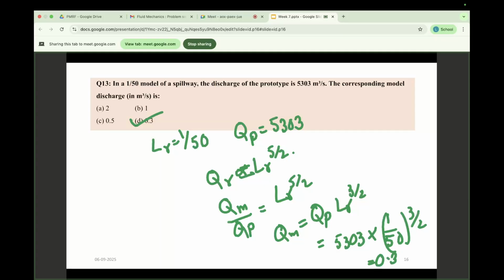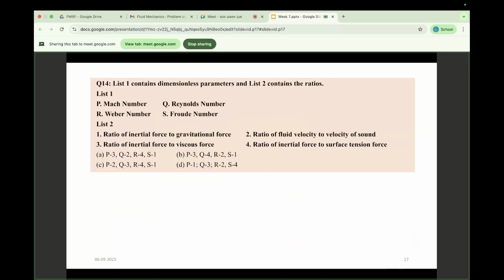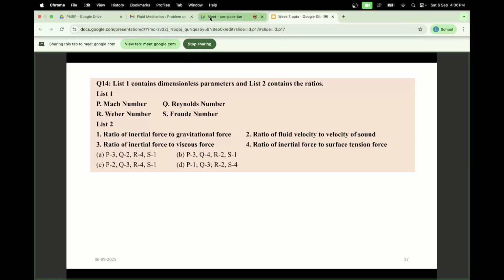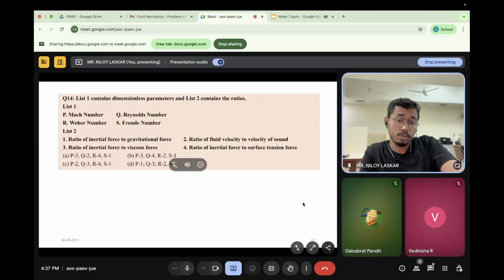Good for your response. Next, I am moving to another question. Here two lists are given. This is based on the fundamentals you have studied till now, and after this we have two more questions. Please try to answer this question.